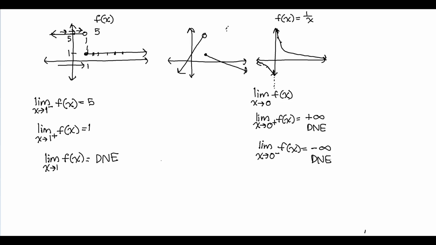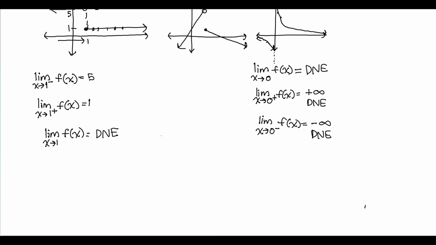And it even approaches different values. From the left it decreases without bound, from the right it increases without bound, which is a clear sign that this limit does not exist. There's one last very special case of a limit that does not exist.